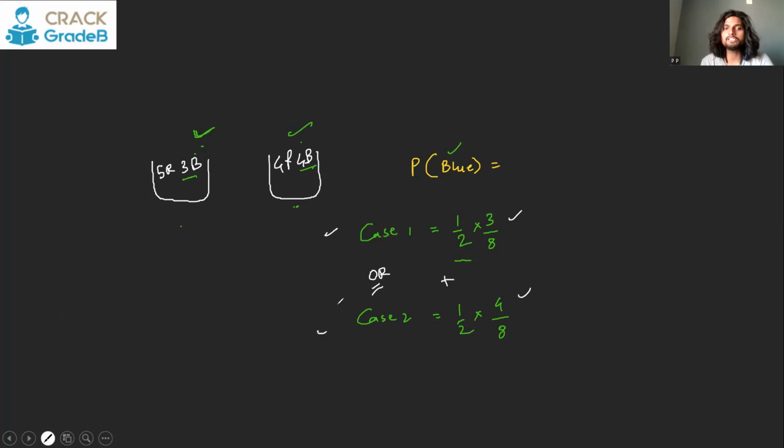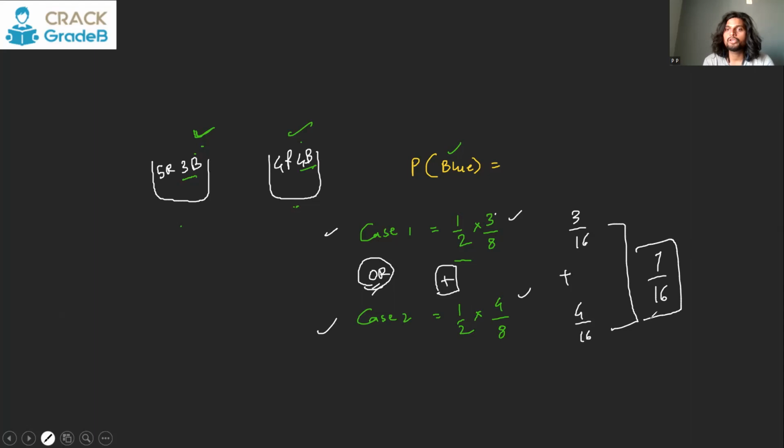Either this will happen or this will happen. So the factor involved is or. Or means addition. So you add both the cases. This is going to be 3/16 and this is going to be 4/16. You add both and the answer is going to be 7/16. So the probability that you are drawing a blue ball is going to be 7/16 finally.